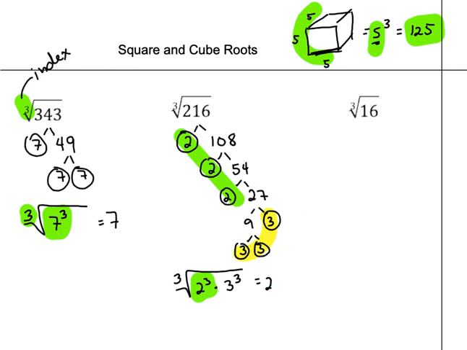And the cube root of 3 to the third power is 3. So 2 times 3 is equal to 6. And 6 to the third power then should give me 216. The cube root of 216 is 6, because 6 times 6 times 6 gives me 216.